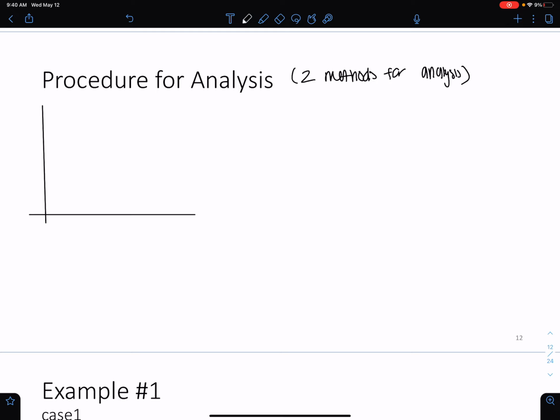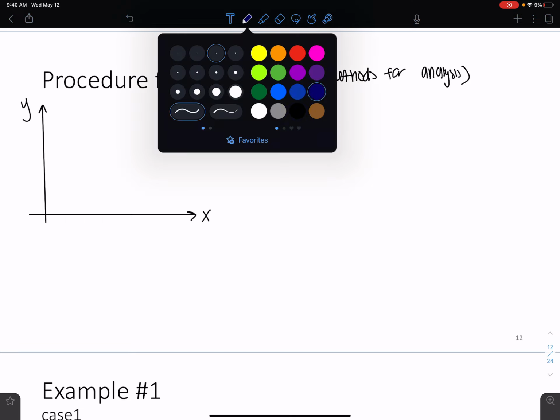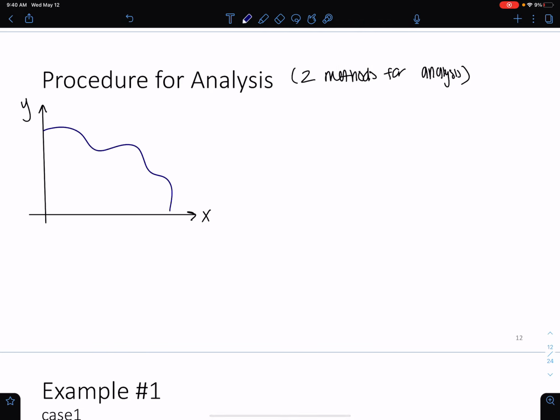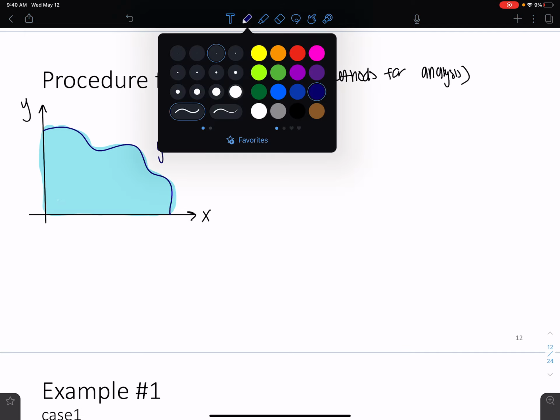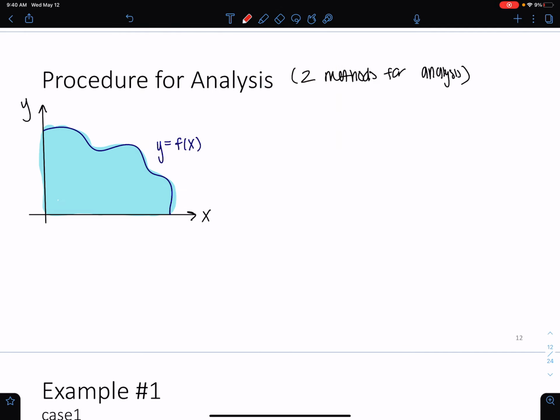Say we have our y-axis, we have our x-axis. We have some curve, y equals f of x, and we have this shaded area here. So what we're going to do is select a rectangular differential element.